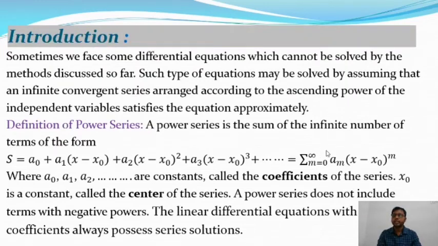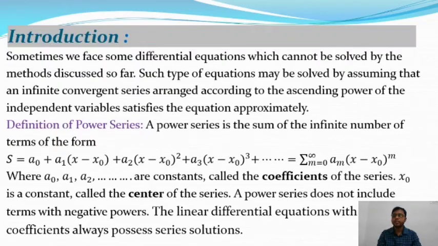It can be written in compact form as summation m equal to 0 to infinity of a_m into (x minus x0) whole to the power m, where a0, a1, a2 up to infinity are constants called the coefficients of the series, and x0 is also a constant called the center of the series.